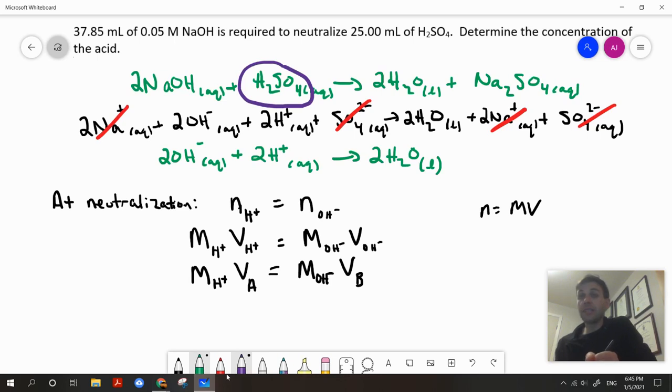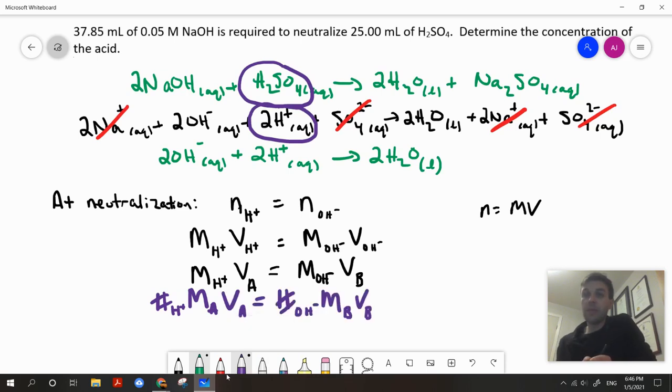However, since in every 1 mole of sulfuric acid there are 2 hydrogens, that 1 mole of sulfuric acid actually produces 2 hydrogen ions. So in order to find the concentration of the hydrogen ions, we need to multiply the number of hydrogen ions in the formula of the acid by the concentration of the acid.